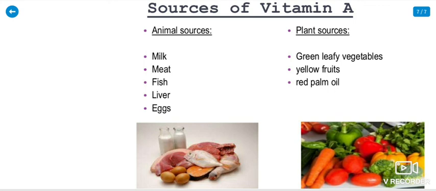Most students cannot wake up in the early morning, so vitamin A deficiency can easily develop in your body, so you have to rectify it with vitamin A sources. These are the rich sources of the compound.